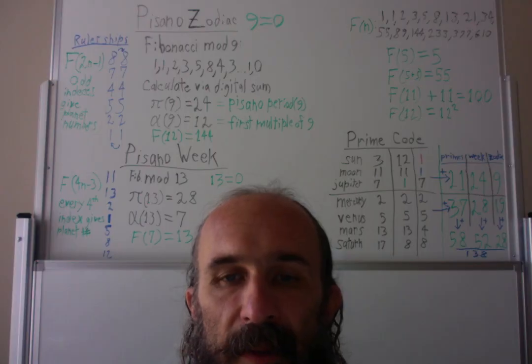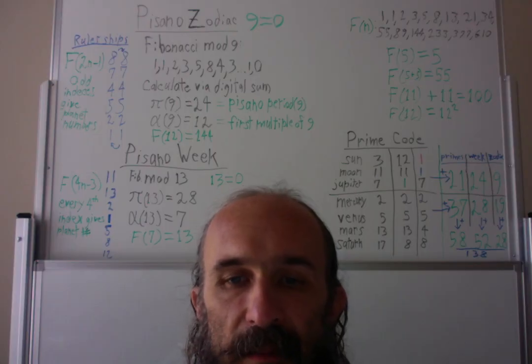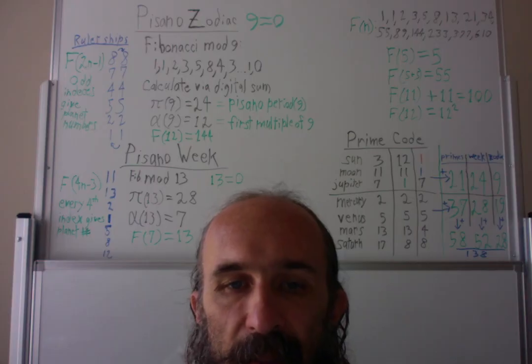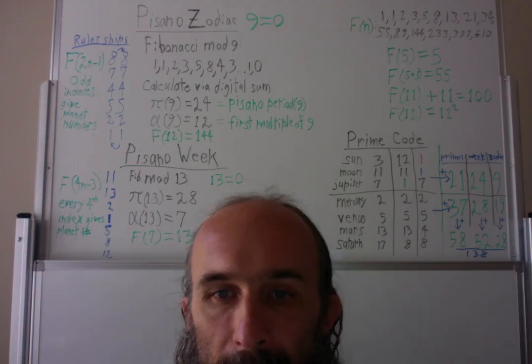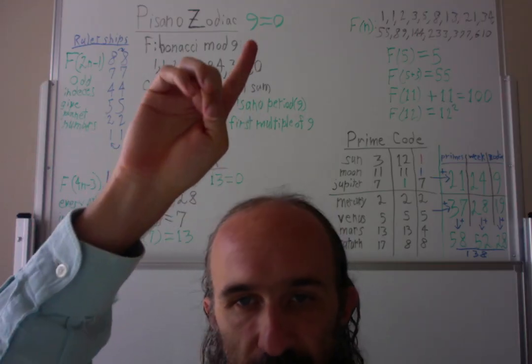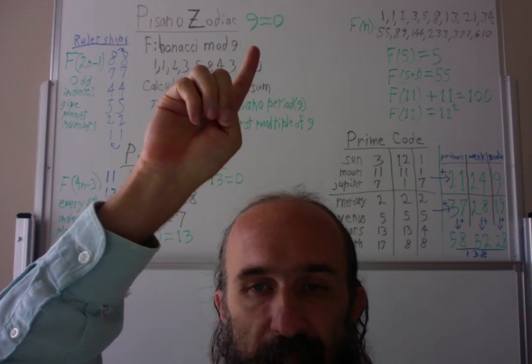Now remember, if we take the digital sum of the Fibonacci sequence, we will get the Paisano period of 9, because the digital sum is the same thing as modulo 9.